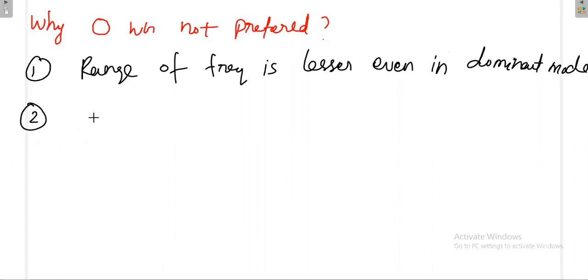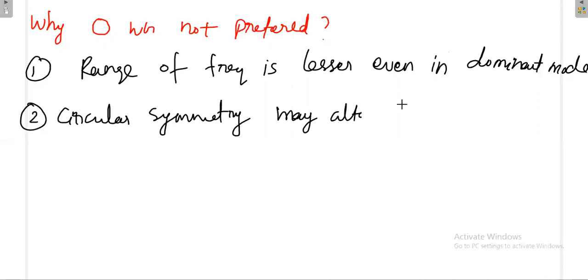So circular symmetry may alter the polarization of the wave.